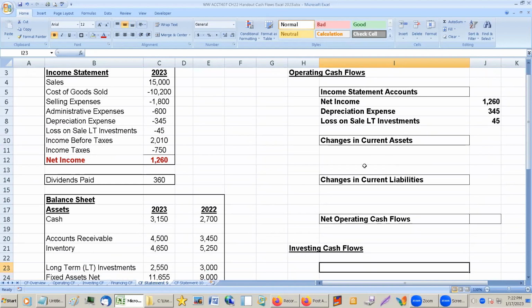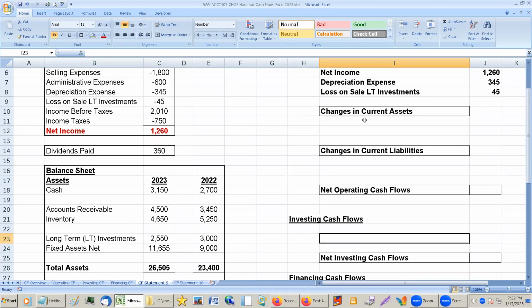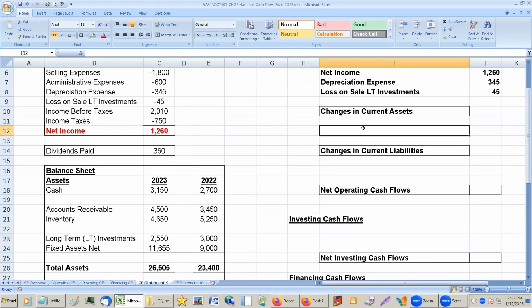Okay, current assets. When we talk about current assets, we're really talking about changes in current assets other than cash. So these are going to be the current assets.